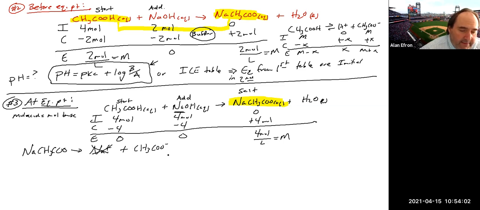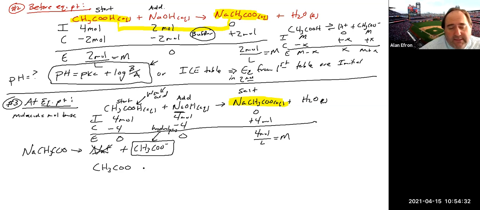But what about our acetate? Well, our acetate comes from this acid, which is a weak acid, which would imply that it would go through hydrolysis. So in this type of titration, at the equivalence point, you need to do an ICE table here, followed by another ICE table. The second ICE table will be that salt that will continue to react with water.